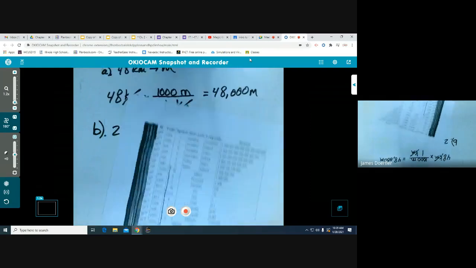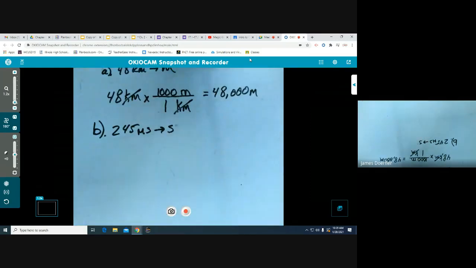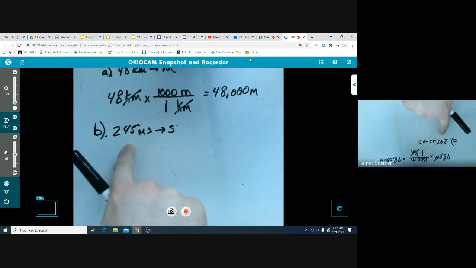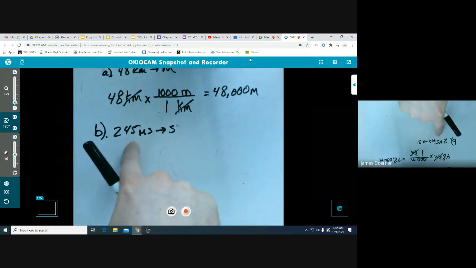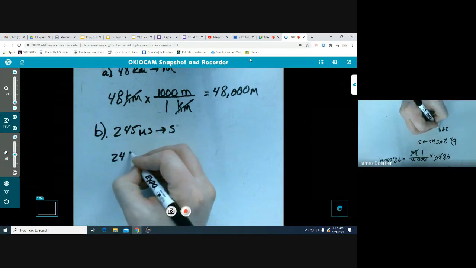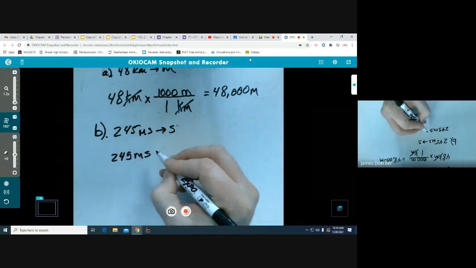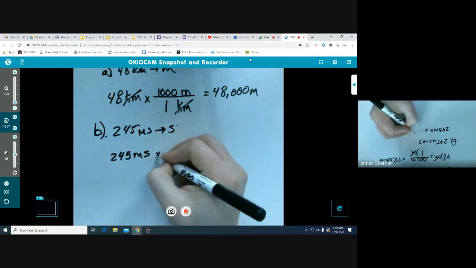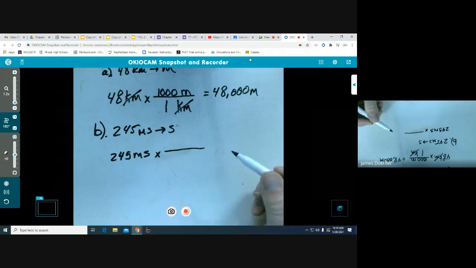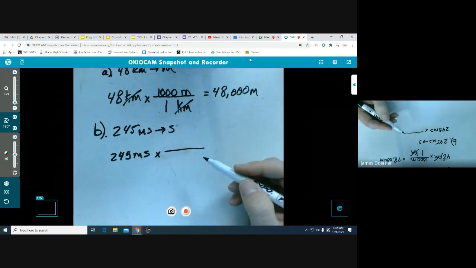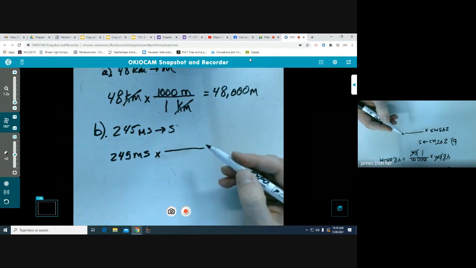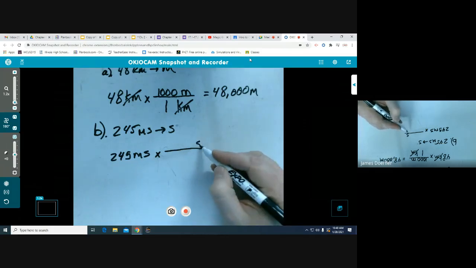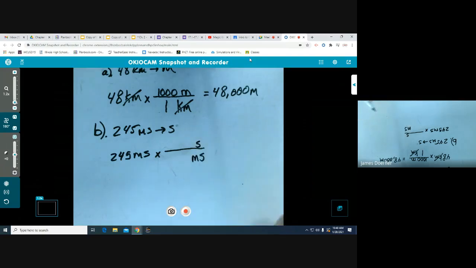Okay, very good. As you already told us, but showing you the steps, the very first thing is you write what you are given: 245 milliseconds. This time you need to make sure you know what unit goes on top. So what unit goes on top in this setup? Seconds, because that's what we want in our final answer, right? Seconds goes here. Milliseconds go here.